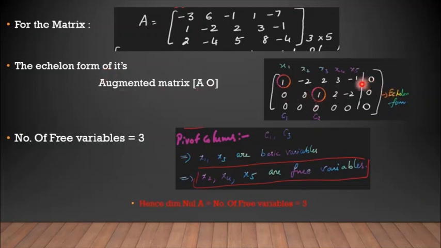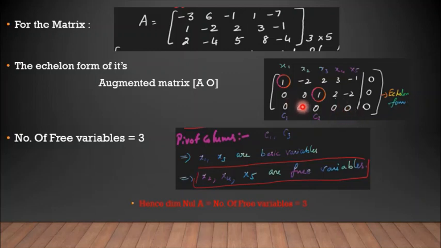Its augmented matrix echelon form is this. So which columns are pivot columns here? C1 and C3 are pivot columns. That means the basic variables are x1 and x3. Only two are basic variables. Then the remaining three columns are not pivot columns: C2, C4, C5.